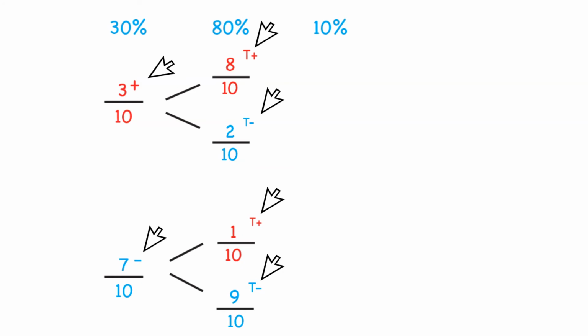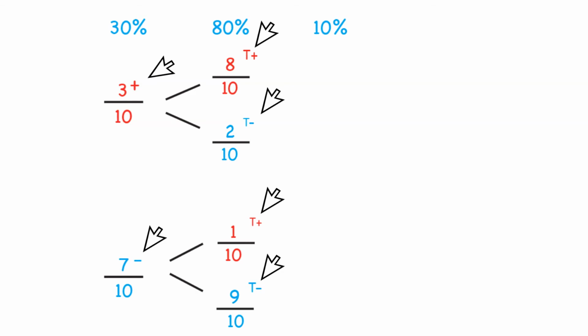So this is really saying you are positive and you tested positive. So that red branch, we'll call it, is those who are positive and tested positive. This mixed branch is those who are positive but tested negative. This branch is those who were negative and tested positive. And this branch is those who were negative and tested negative.